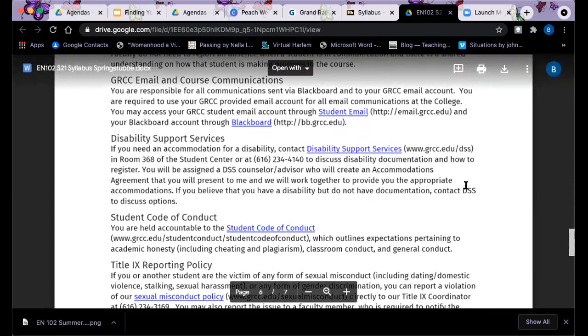You are responsible for all communications sent via Blackboard and to your GRCC email account. You are required to use your GRCC provided email account for all email communications at the college. You have to use GRCC email. I may give you a pass the first time if you send something from a reasonable email account.